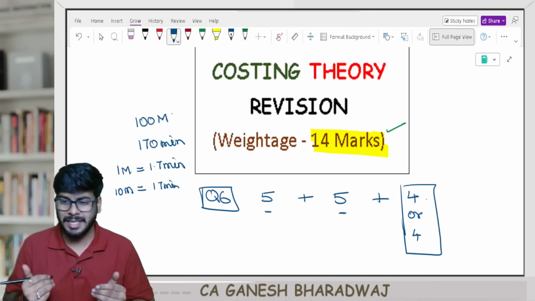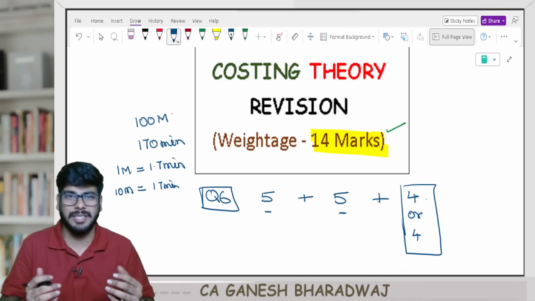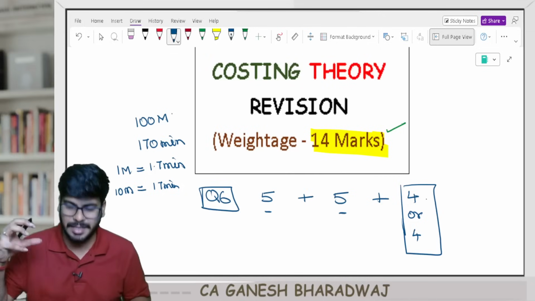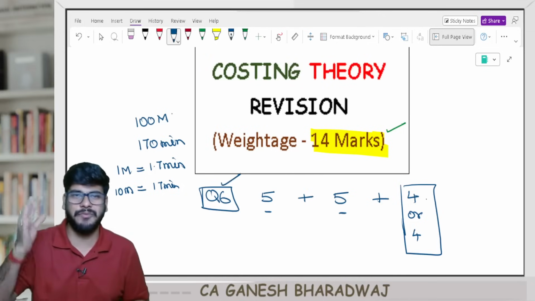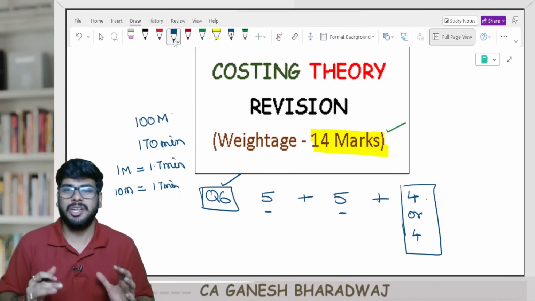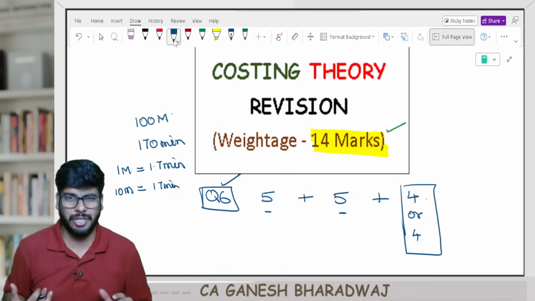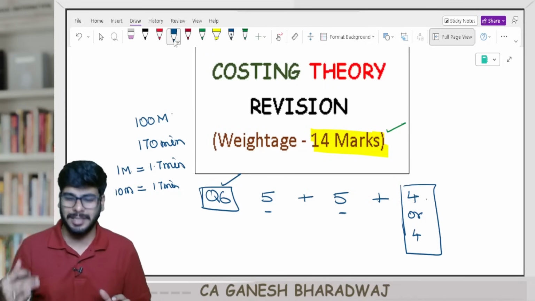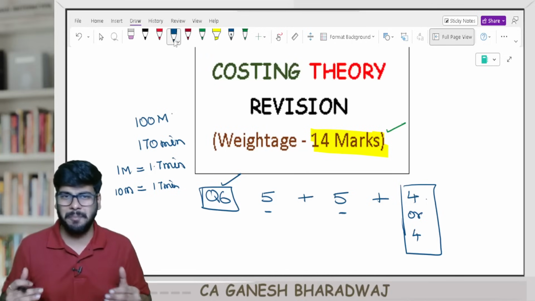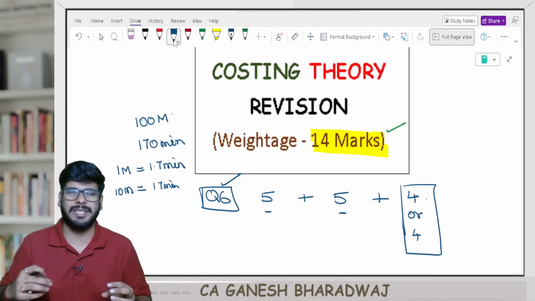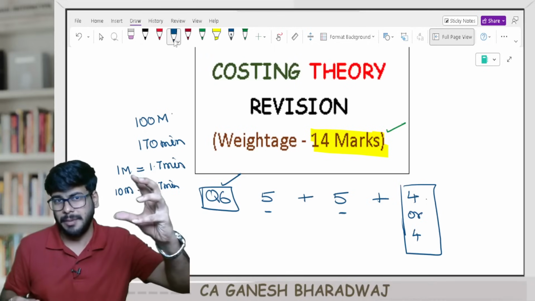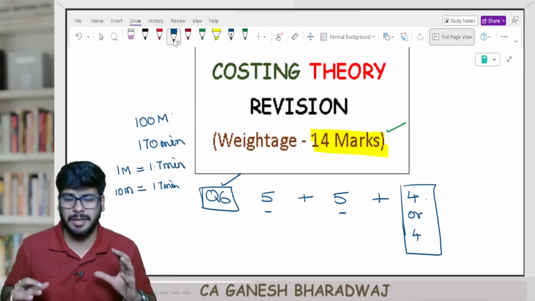Now, in certain cases, your descriptive questions might be a little lengthy. In that case, this theory question number 6 will definitely come to your rescue. And trust me, it is not a huge difficulty, it's not rocket science to crack this kind of theory question number 6, because based on my past experience, this theory question generally comes from the first chapter of your study material, basically Introduction to Cost and Management Accounting.